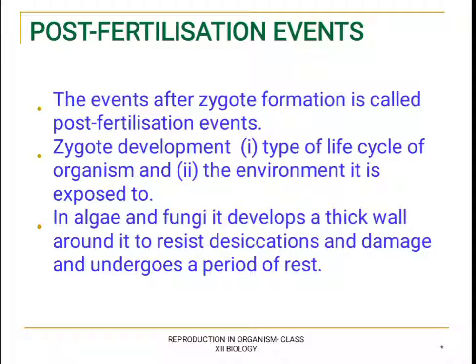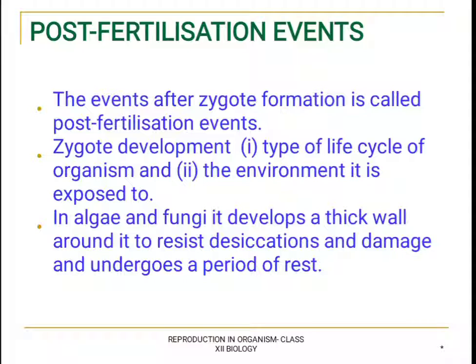On the contrary, in organisms with diplontic life cycle, the zygote divides by mitosis, forming a diploid embryo which grows into a diploid individual.